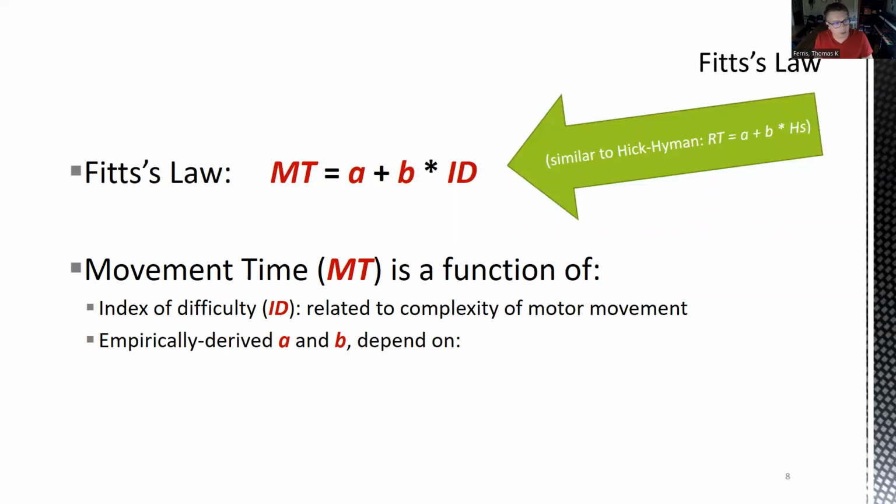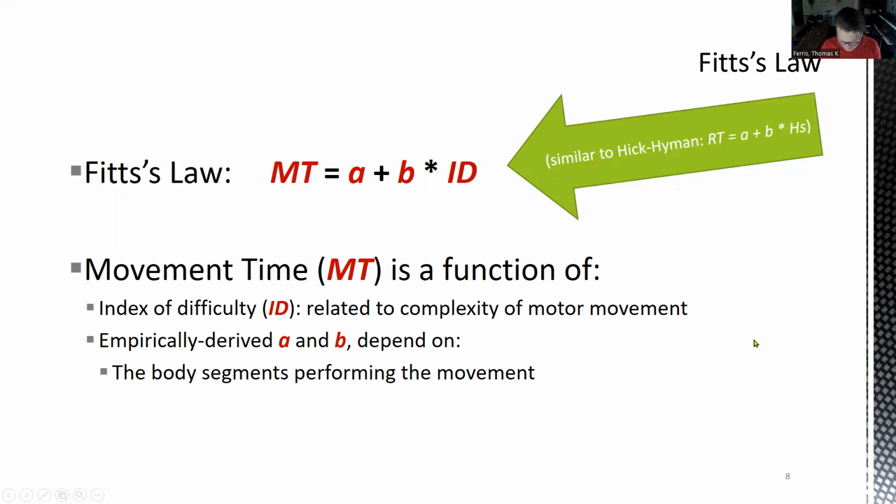A and B are empirically derived, just like with Hick-Hyman. But in this case, we can again see a relationship between what these values tend to be empirically and some physiological factors, like the speed limit of neural conduction, for example. So A and B depend on the body segments performing the movement and basically the neuromuscular latency.